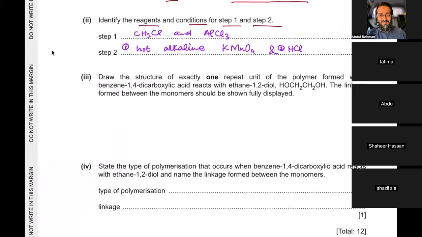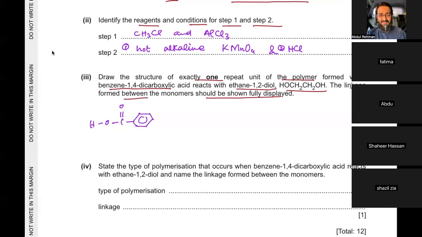Draw the structure of exactly one repeat unit of the polymer formed when benzene-1,4-dicarboxylic acid reacts with ethane-1,2-diol. The linkage between the monomers should be shown fully displayed. So see, it's a dicarboxylic acid, right? Having a benzene ring. So it is going to be 1,4-dicarboxylic acid, right?